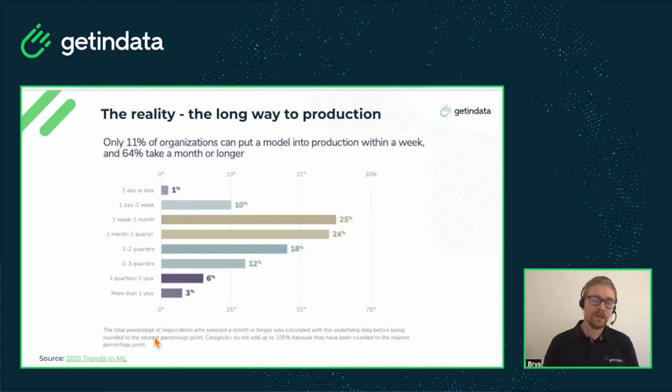So we have tools, theory, and knowledge, but in practice it still takes a long time to move a model from the data science team to the production level. You see that it's a really complex thing.